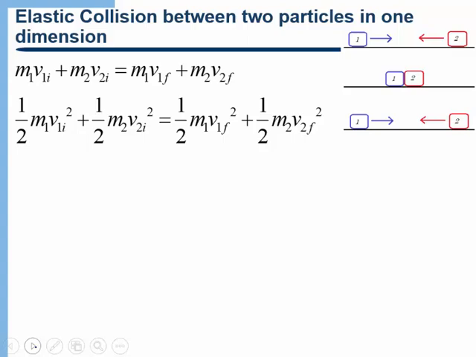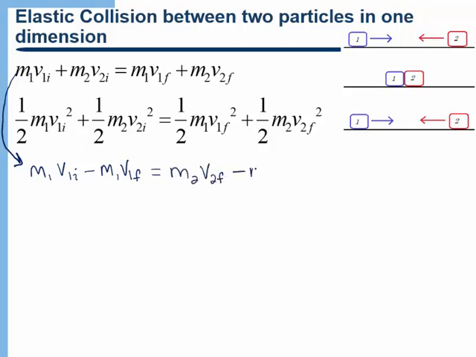The first thing that I'm going to do is take my momentum equation and rewrite it with the m1 terms on the left and the m2 terms on the right. So in other words, m1 v1 initial minus m1 v1 final is equal to m2 v2 final minus m2 v2 initial.